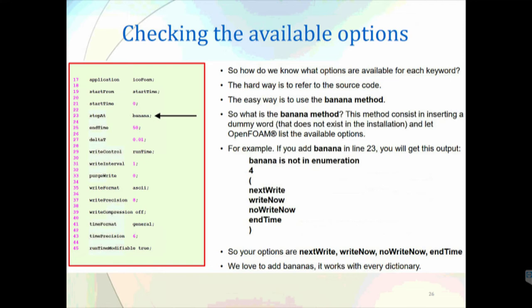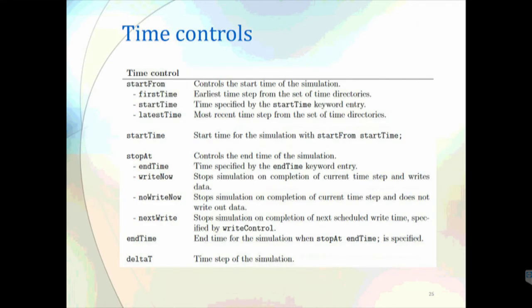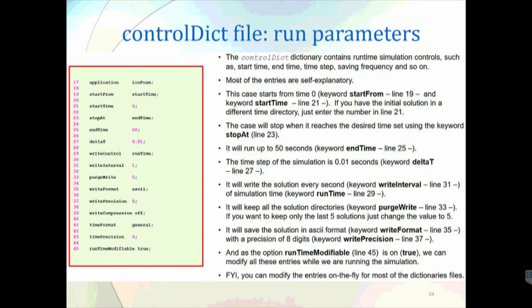So an easy method is simply to replace the option that you want to find alternates for. For example, I want to find alternates for runTime, or for the stopAt value. What was the stopAt value in the last slide? The stopAt has endTime over here. So rather than endTime, what other options do I have?